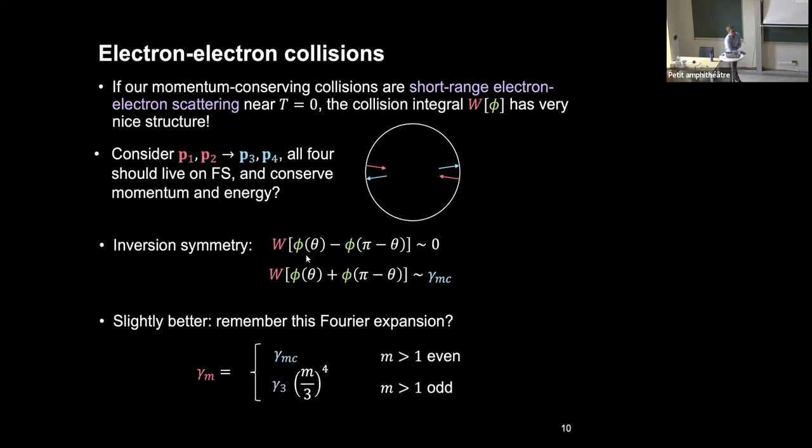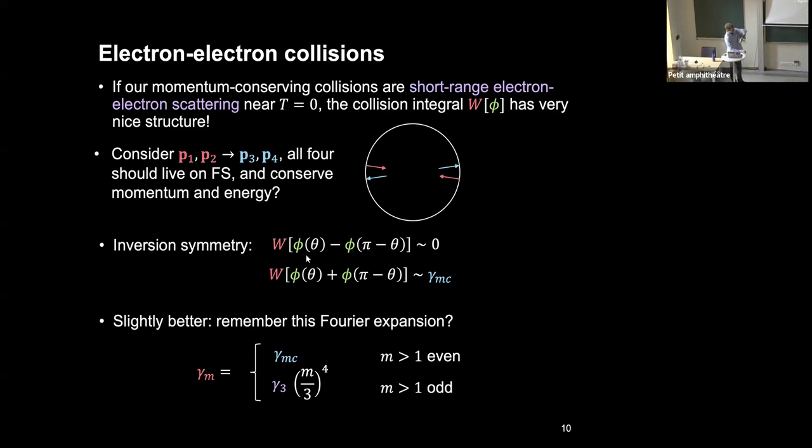If you remember the Fourier expansion, we could try to give a different rate to each harmonic. It will be argued, perhaps in a previous talk today, or by various people including Levitov, I think, that the odd rates should scale with the harmonic number to the power of 4, and they're parameterized by this new number called gamma 3. So I've introduced one more rate that gives the relaxation rate roughly of the odd modes of the Fermi surface.